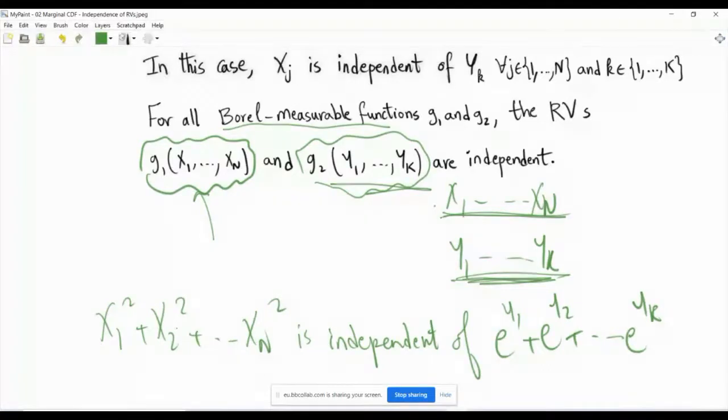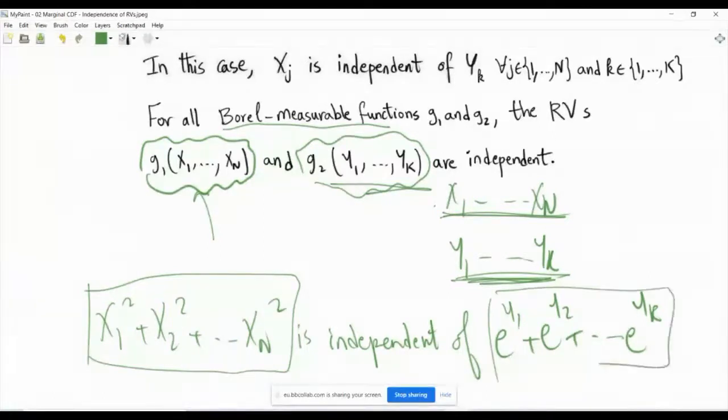So if you know that the x's are independent of the y's, then any function of the x's, here the sum of the squares, will be independent of any function of the y's, here the exponentials. This is very important and useful, because sometimes you start with the information that some random variables are independent of other random variables, but in solving the problem you do not deal with the random variables themselves, but with functions of them.